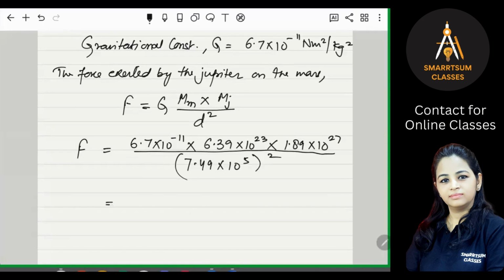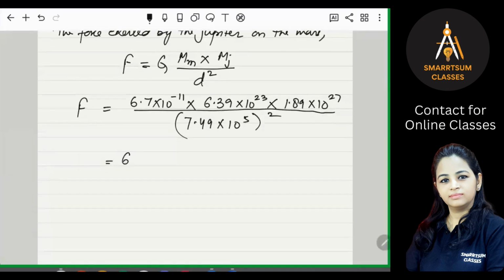So very first, separate this exponential term and solve them. And the decimal numbers, you can separate them: 6.7, 6.39, and 1.89. You can multiply these together, divided by 7.49 square.